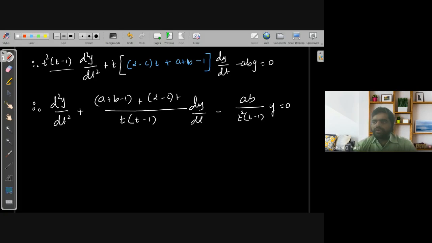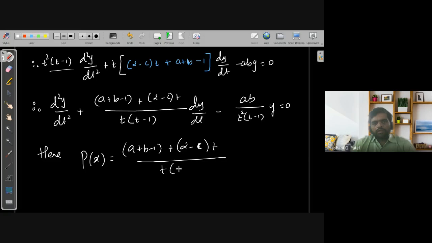So if you compare this equation with our standard equation, that is d square y by dx square plus p of x into dy by dx plus q of x into y equal to 0, you will have p of x as a plus b minus 1 plus 2 minus c into t upon t into t minus 1, and q of x is minus ab upon t square into t minus 1.